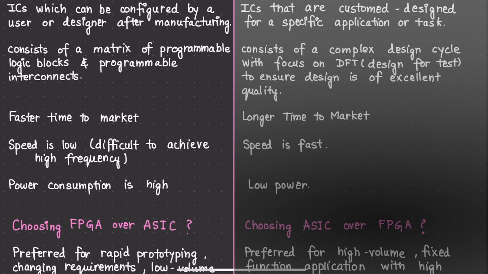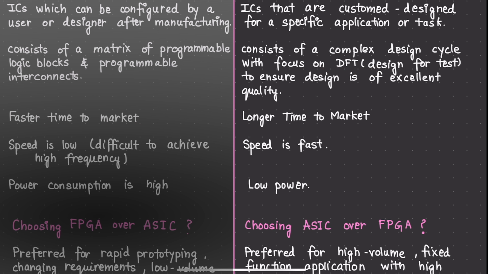Now, because FPGAs are just a matrix of programmable logic blocks, they obviously take less time to market. And in ASIC ICs, we are ensuring that our design is verified and of very good quality, so here we take longer time to market.